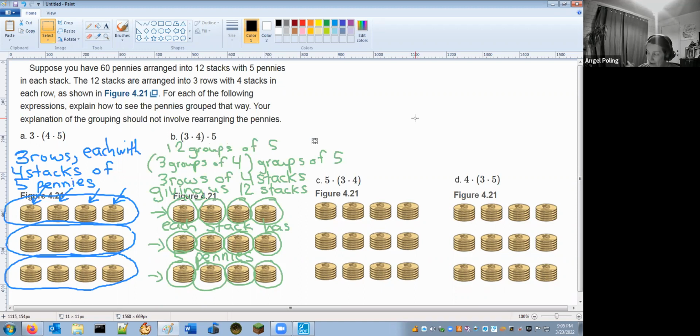So this will be 5 groups of 3 times 4, right? So the pennies are in 5 layers. Each layer has 3 rows and 4 pennies in each row.